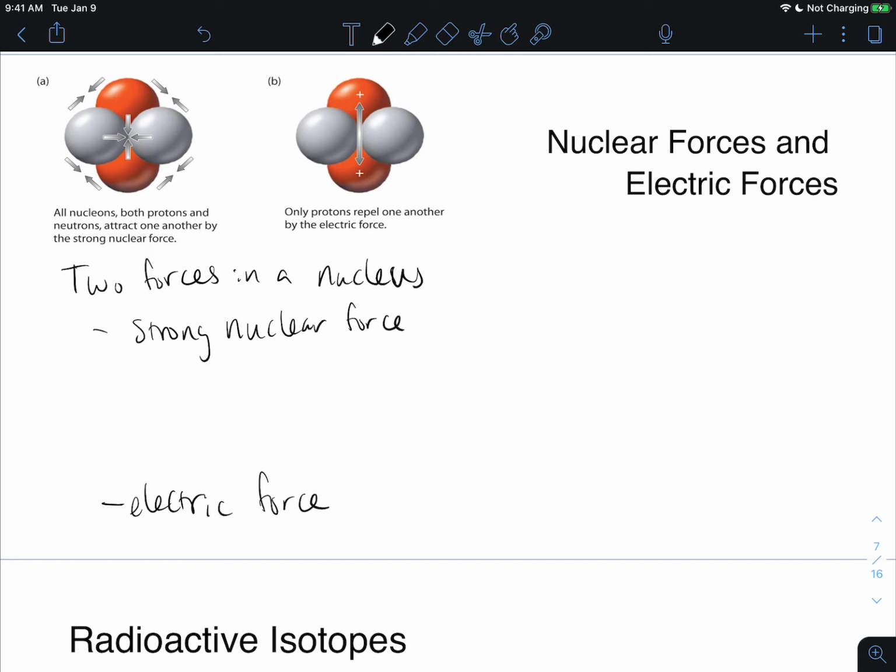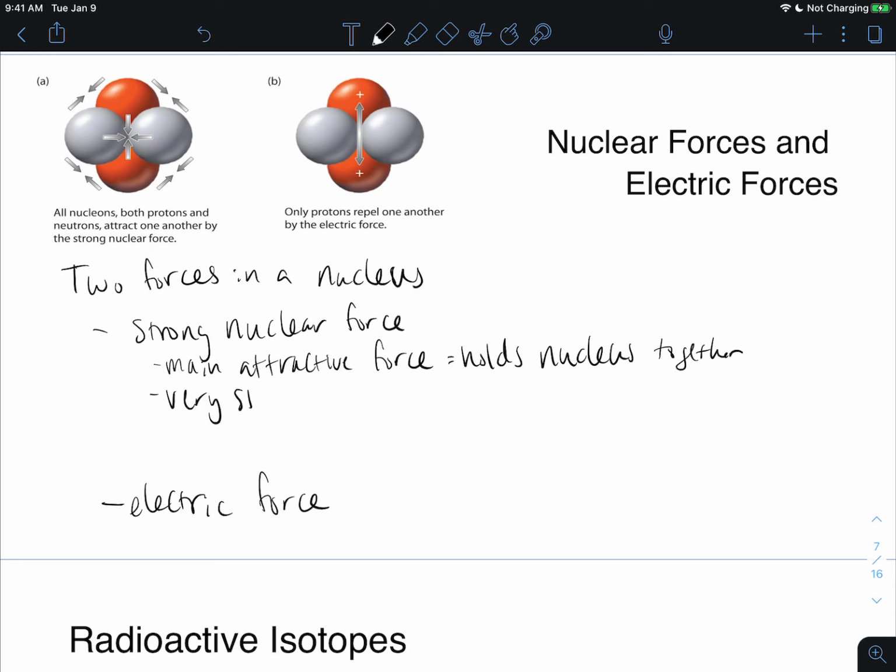The strong nuclear force is an attractive force. It's what holds the whole nucleus together, so it holds our nucleons together. And it is very, very strong, but unfortunately it is very short-ranged.